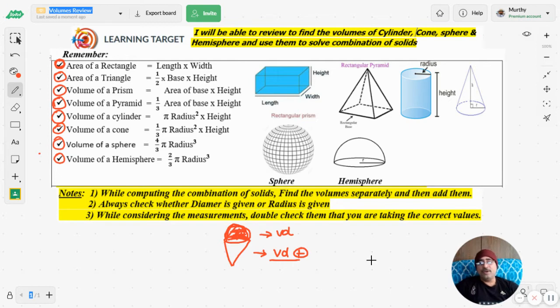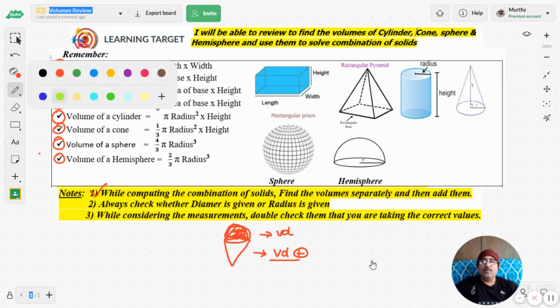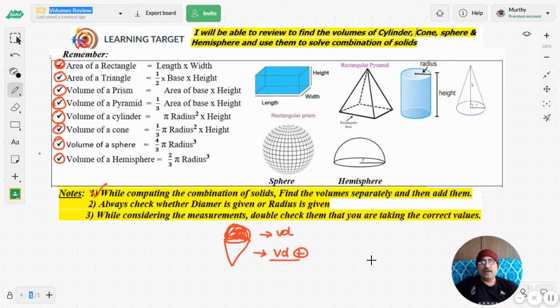Coming to the second point, this is really important, because most of the time you are tricked by it. If you solve the problem and end up with a wrong answer, please go back and check whether the diameter is given or the radius is given.